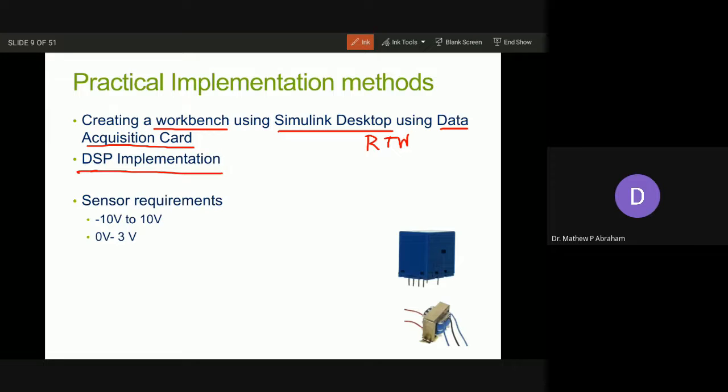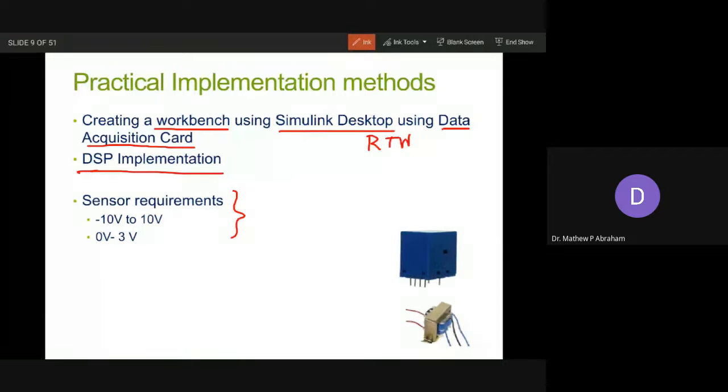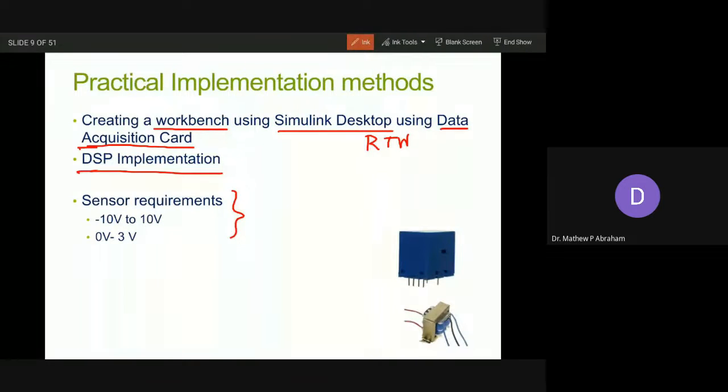As we mentioned, the analog domain to digital domain interface is done using some sensor boards. If you are making use of a Simulink desktop environment and a data acquisition board, these boards will have analog input signal ADCs, which are able to handle voltages between minus 10 to 10 volts, right?